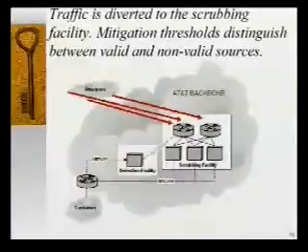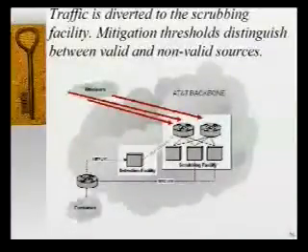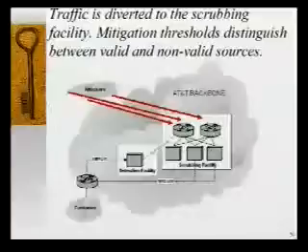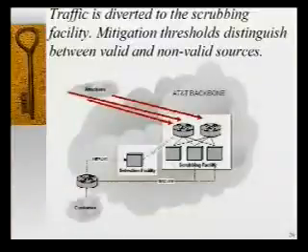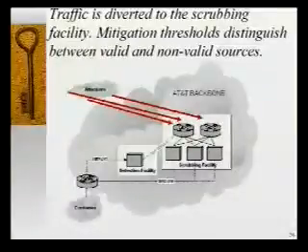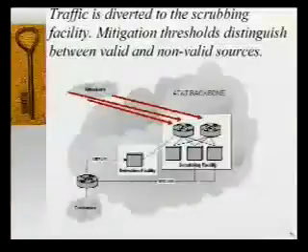So now we're diverting the traffic into the scrubbing facility. The good thing about the scrubbing facilities is systems like Riverhead, which is now the Cisco Guard, or CloudShield. It's essentially packet rate limiting, which I've always been a strong opponent of, because rate limiting against a destination really doesn't do you any good if it's a critical service.